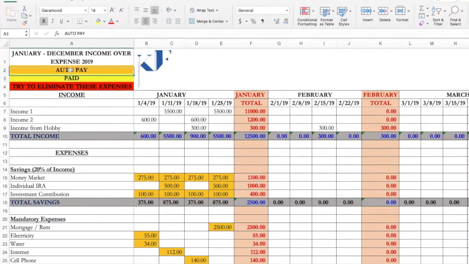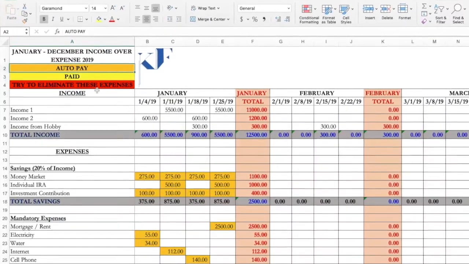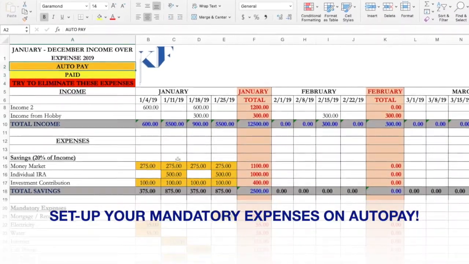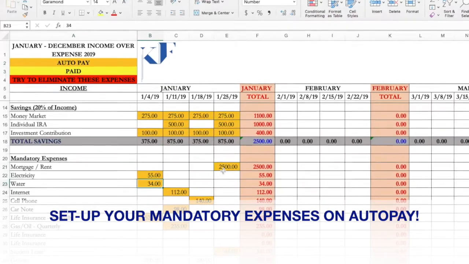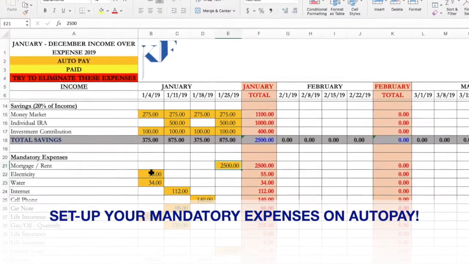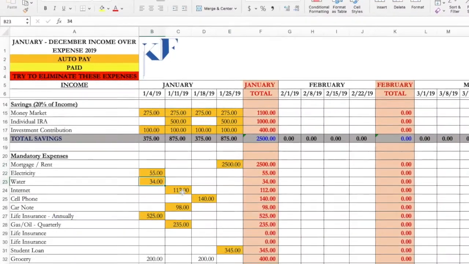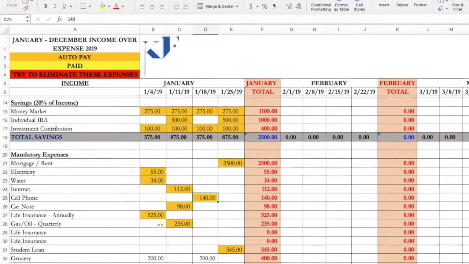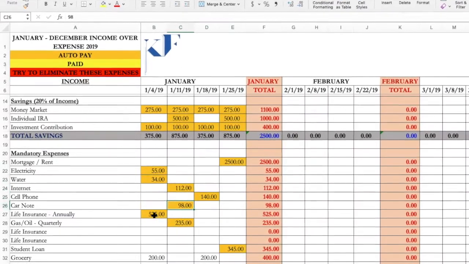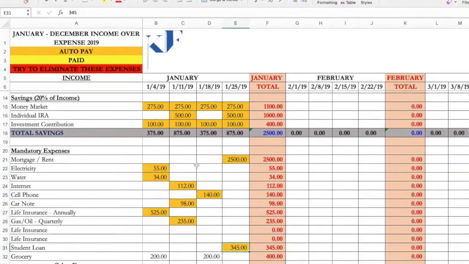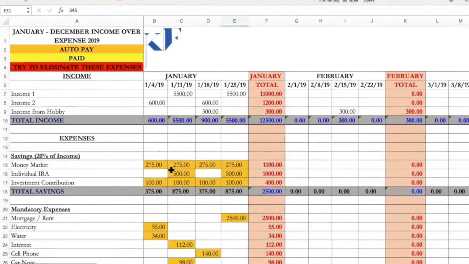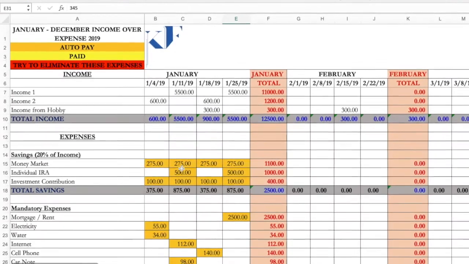Now, regarding auto pay, I try to make sure that my mandatory expenses are set up on auto pay. So as you can see, the mortgage is set up on auto pay, electricity, water, internet, cell phone, car note, life insurance, gas, student loan. And these are all hypothetical numbers. And these are all set up on auto pay.